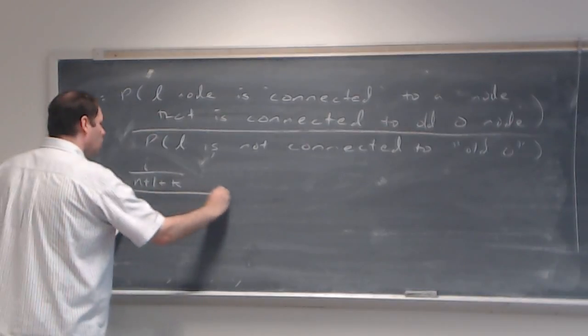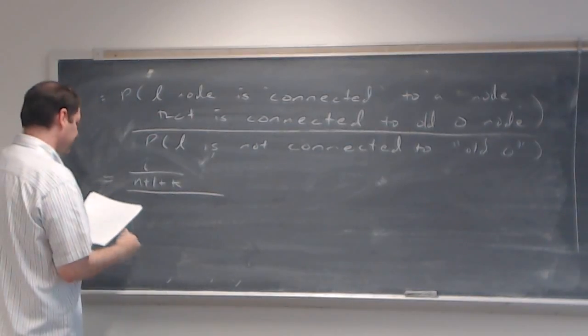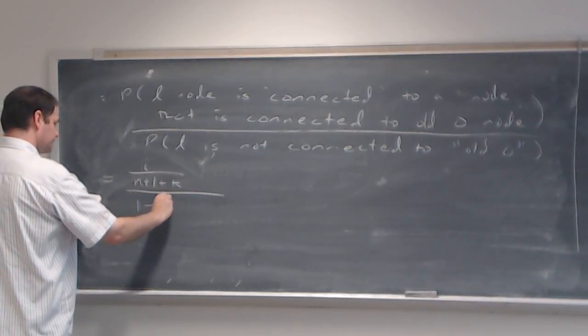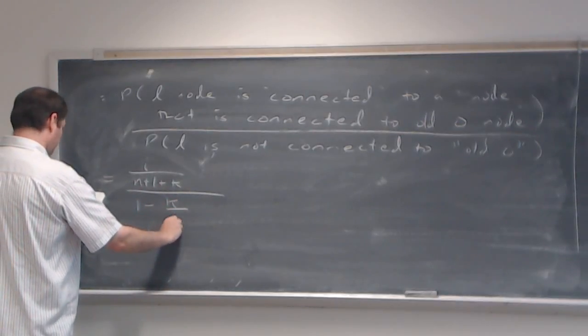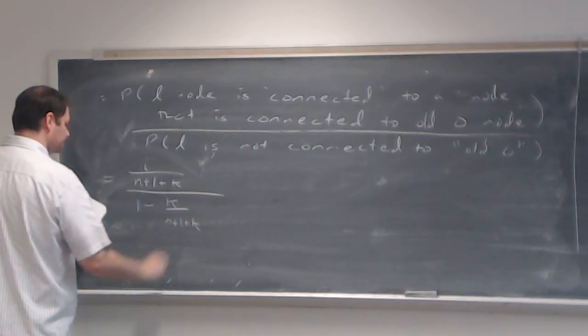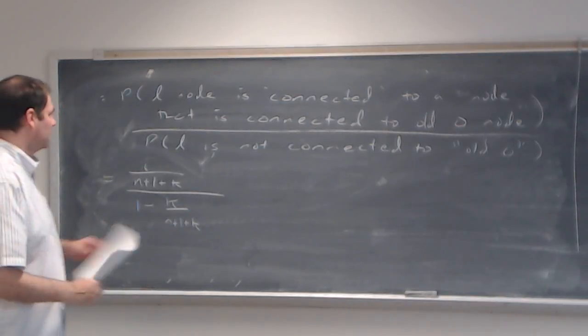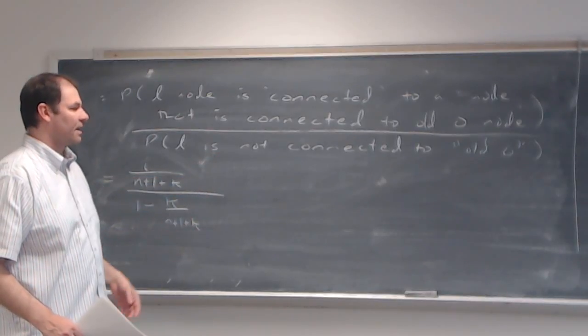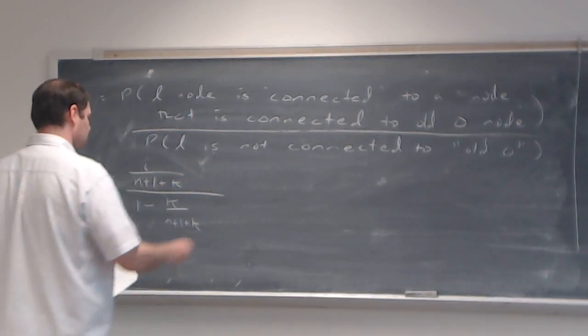That's the top part. All over the bottom, this probability is 1 minus k over n plus 1 plus k. So that's the number of ways that L is not connected to the old zero.